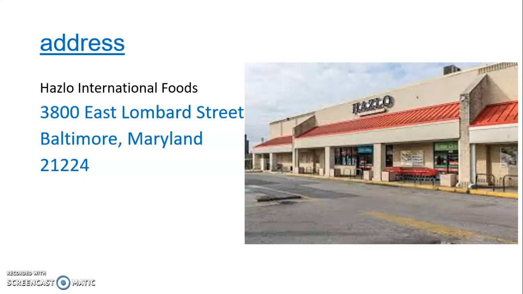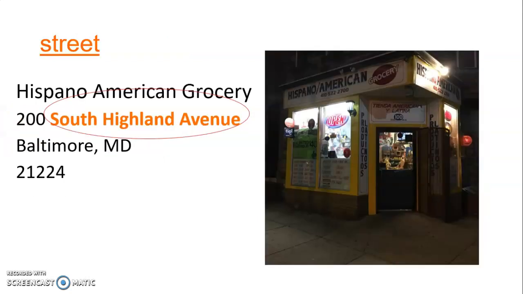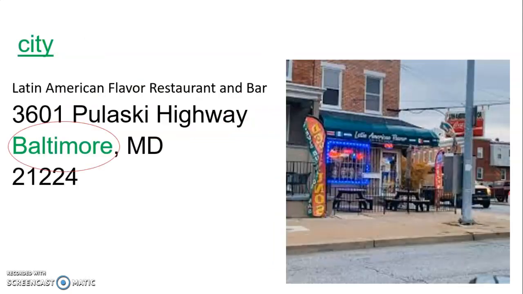Esta es la dirección. The street number for Taco Bell on Pulaski Highway is 3319. That's the street number. The street for the Hispano-American grocery is South Highland Avenue. For Latin American Flavor Restaurant and Bar, this is the address, but the city is Baltimore.